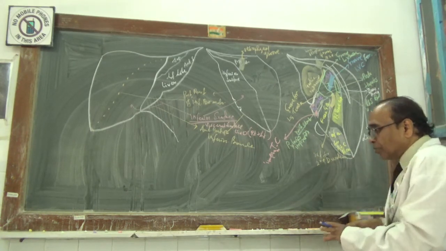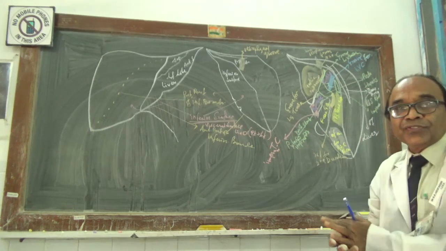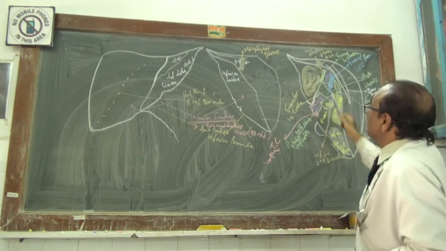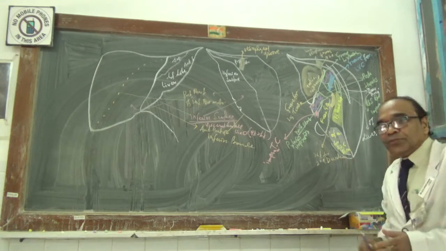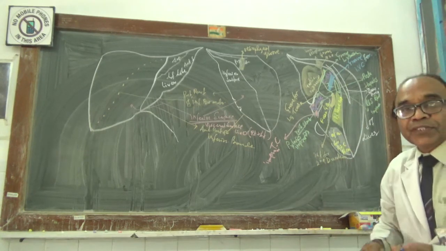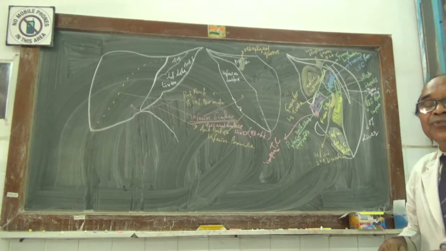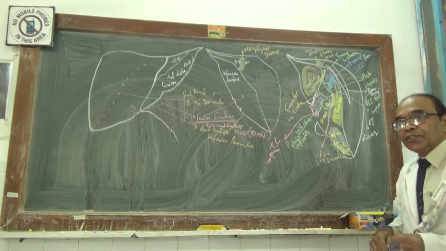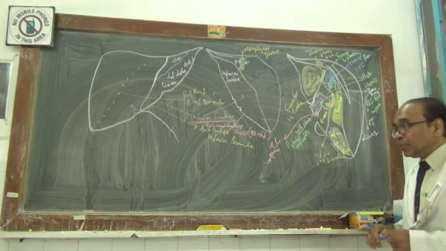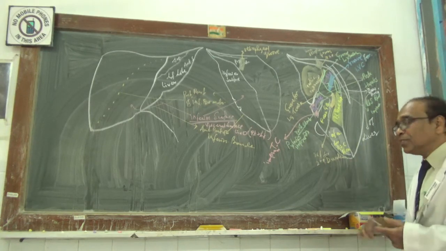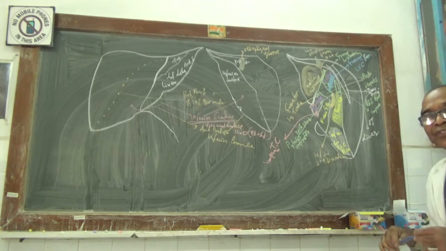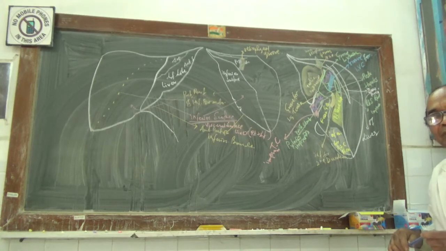So this will be there on the posterior inferior surface. So these are all the things that you have to deal with in the right lobe. I mean to say the inferior surface of the liver in general. So the inferior surface of the liver shows many impressions. Because of those impressions, the inferior surface is not uniform. It is uneven.